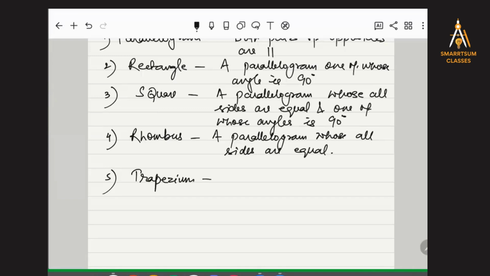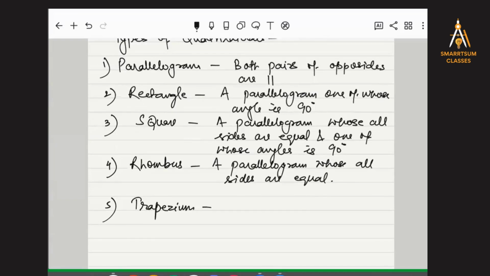Then we have a trapezium. What is a trapezium? It is a quadrilateral having one pair of opposite sides parallel. It is different from a parallelogram.